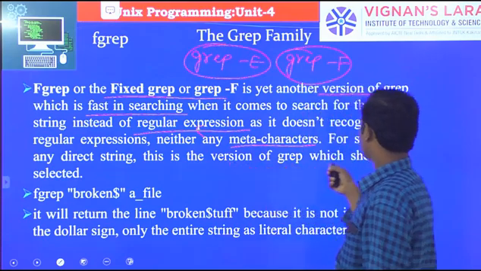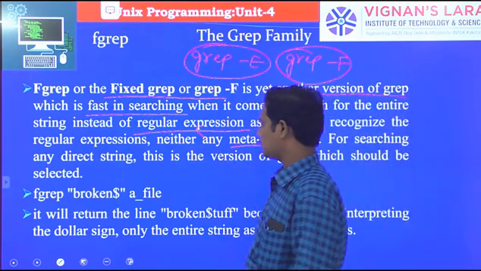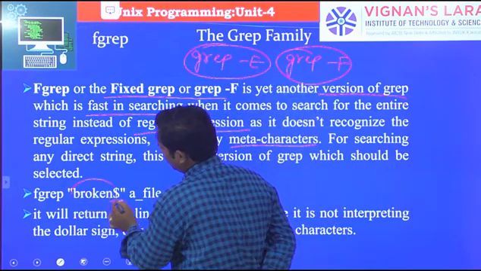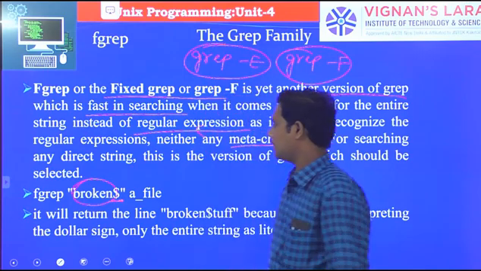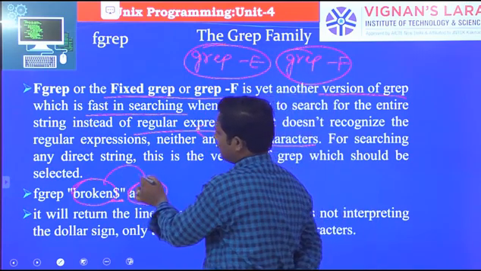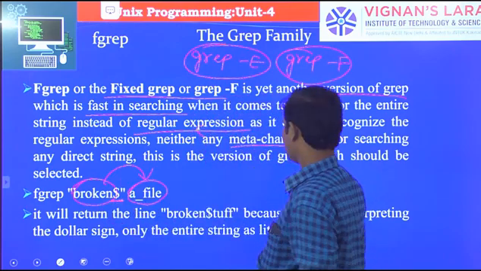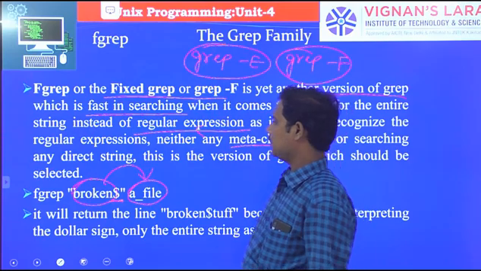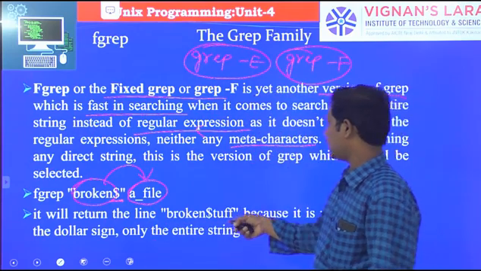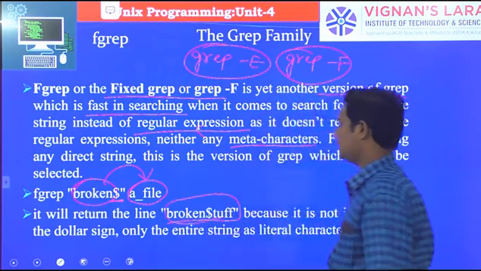Suppose a dollar symbol is at the end: broken dollar stuff, in the file a_file. Using fgrep, it will return the line broken dollar stuff.